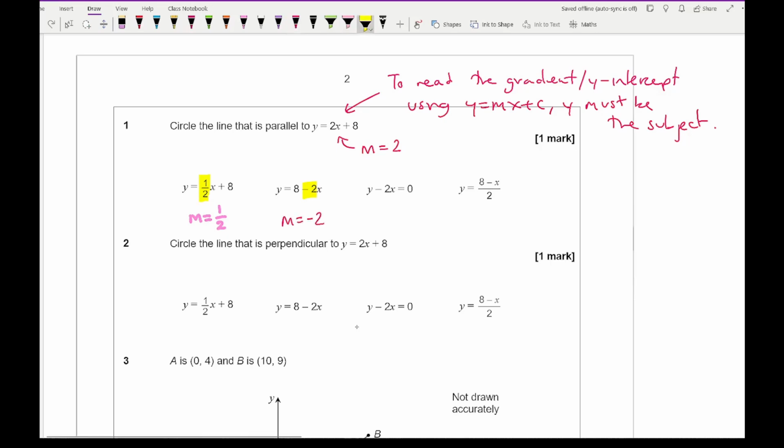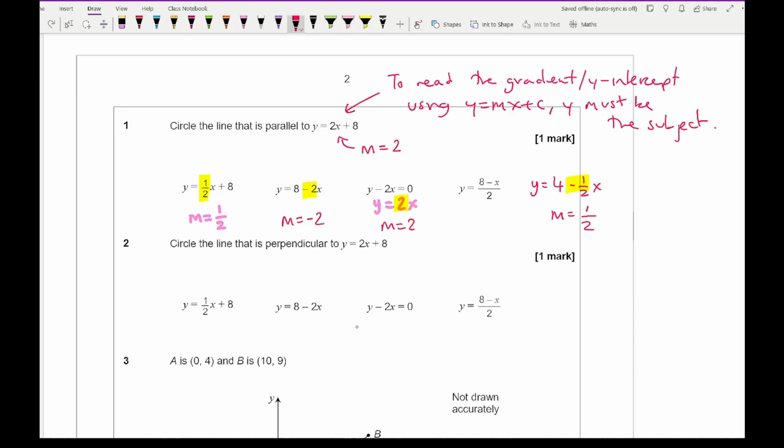In the third option, this one does need a bit of rearranging, so that's going to be y equals 2x. So then I've got m equals 2. And in the fourth option, if I just split that up, so I have y, and 8 divided by 2 is 4, x divided by 2 is a half, so m equals minus a half.